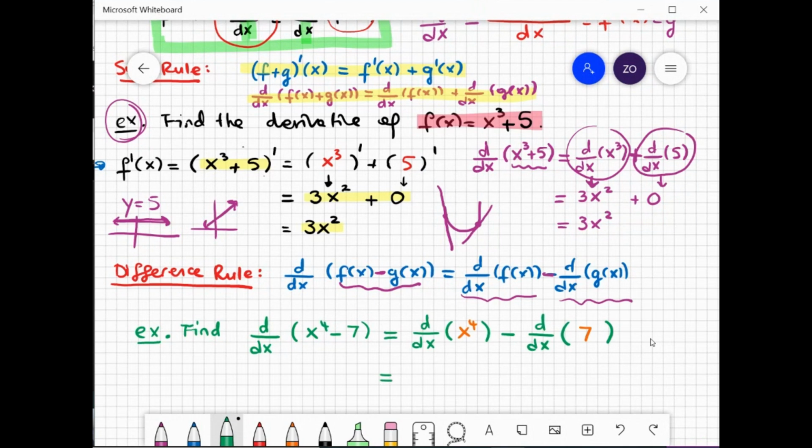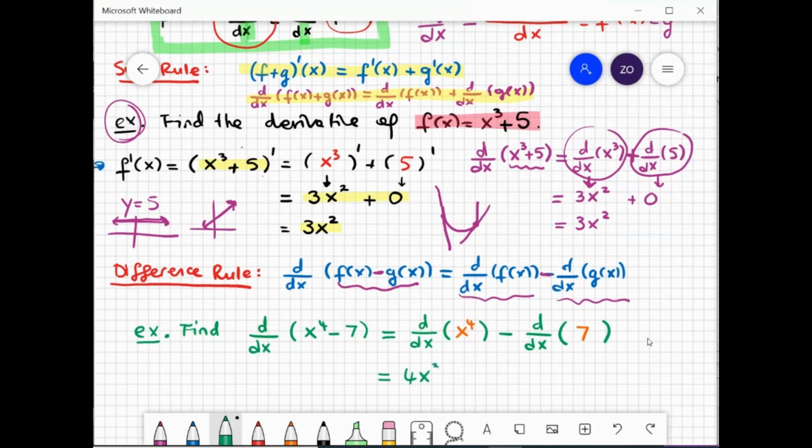So what is the derivative of x to the fourth? Take the exponent to the front and decrease the exponent by 1. So we just use the power rule. How about the derivative of 7? This is a constant number. That's right, it is 0. So the derivative of x to the fourth minus 7 is 4x cubed.